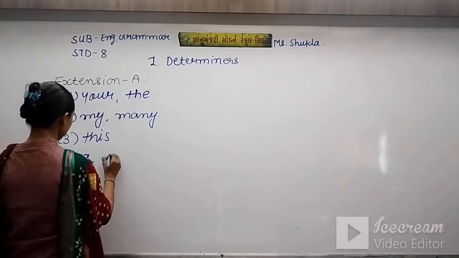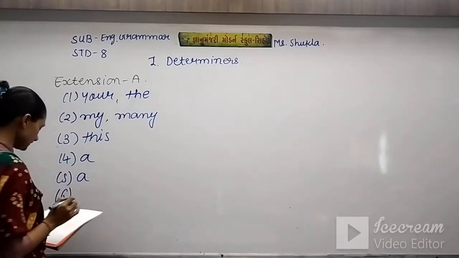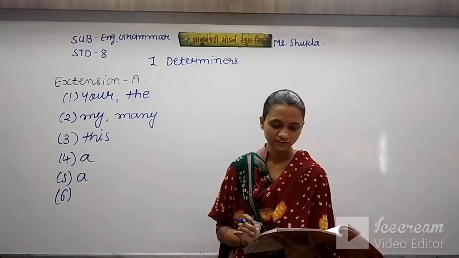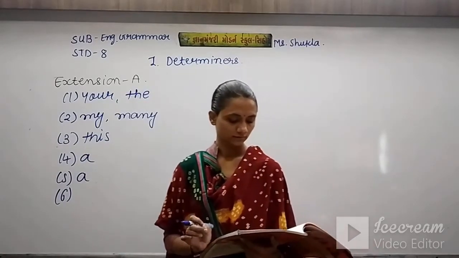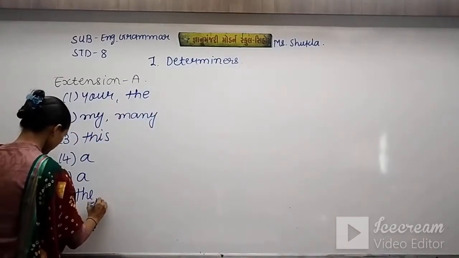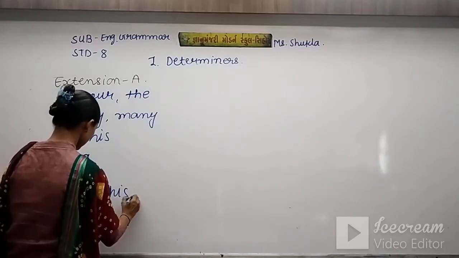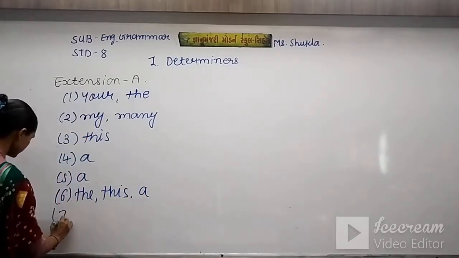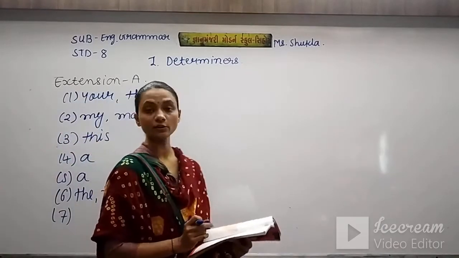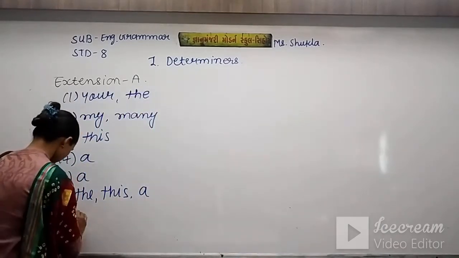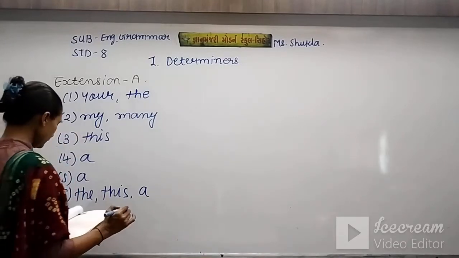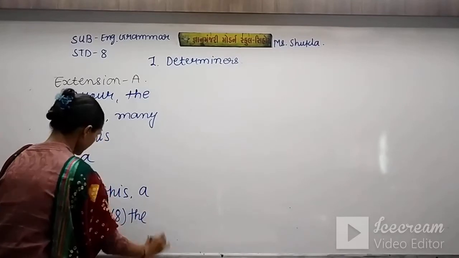So in big city. Number 6 is, my cousin says the same thing. He has been living this city for a long time. So number 6 we have the, this, article a. In which part of the city does your cousin live? And number 8 is, He lives near the Central Railway Station.